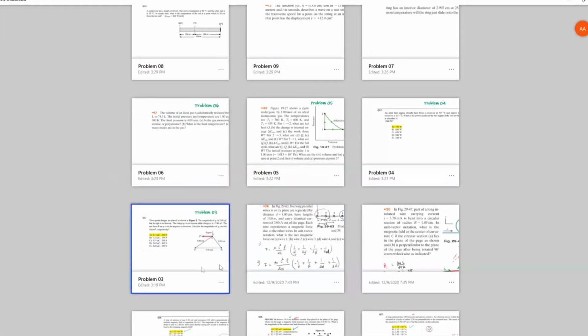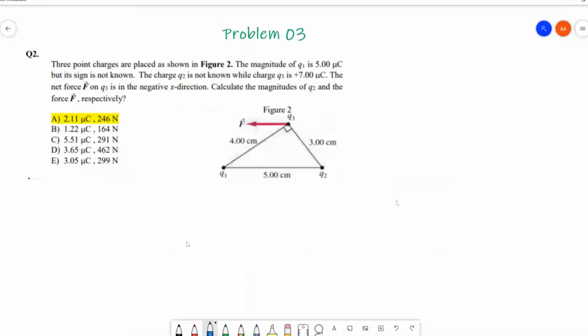So here, number 2, this one is number 3. Okay. So in this one, another chapter here, we have 3 point charges placed as shown in figure 2. The magnitude of Q1 is 5 microcoulomb. So this one is known, but its sign is not known.